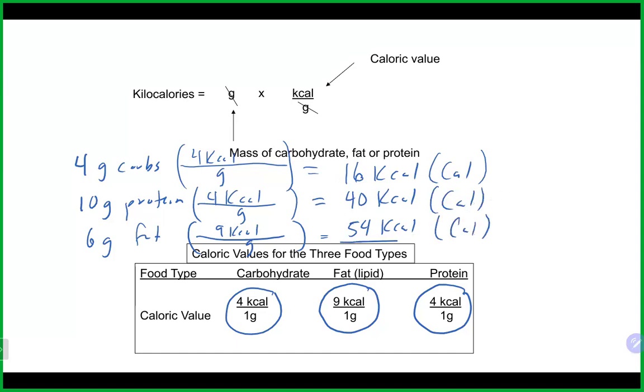And if you just add all those together, 54 plus 40 plus 16, not too bad, 110 calorie snack pack there is what this imaginary food I just made up would be providing to you. And that's where they get, if you look on the nutritional labels, how many calories per serving. That is essentially how they get those numbers, yes, sir.